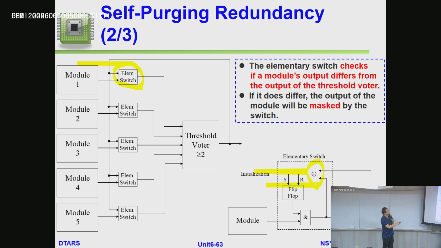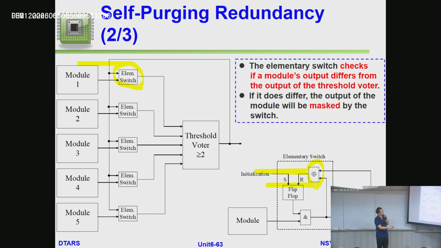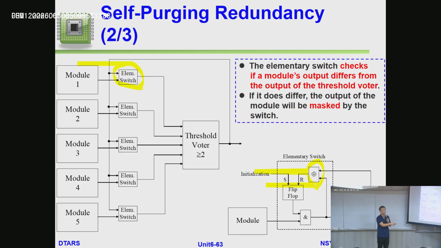Since here we have 5 modules, it is quite similar to 5MR. We know TMR means the number of modules is 3. For 5MR, we have 5 modules, and remember that the architecture of this one should be a majority voter. For 5MR, we don't have this elementary switch.